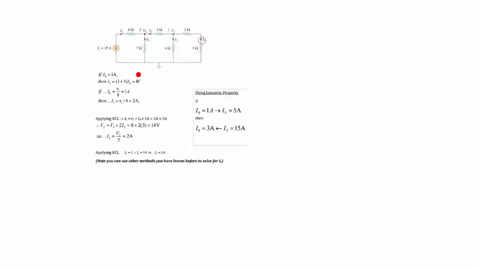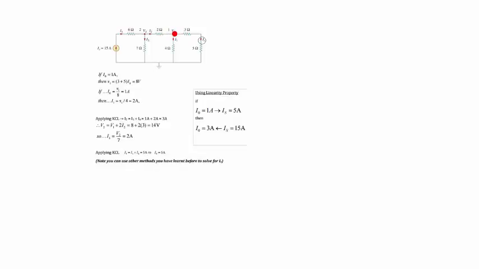Now to start off, we assume I0 is equal to 1 and work backwards to find what our value for I4 or Is is. Once we find that, we can use the ratio or linearity property to get the actual value of I0.